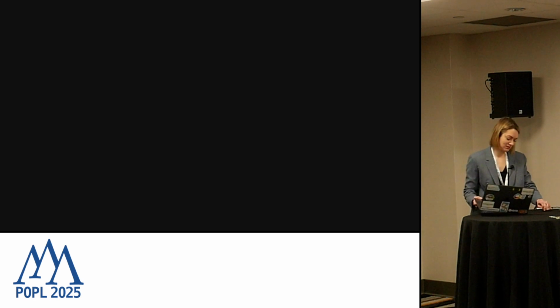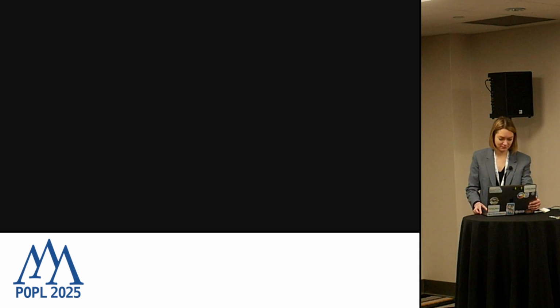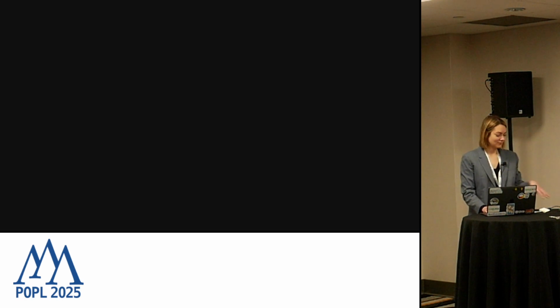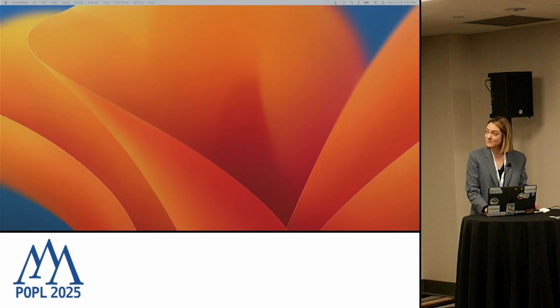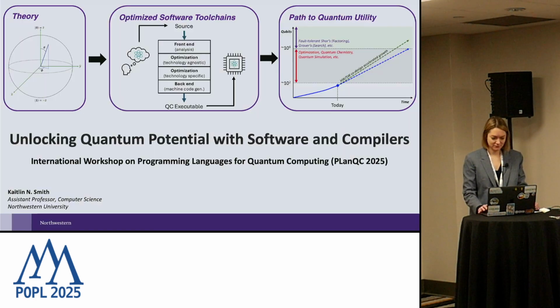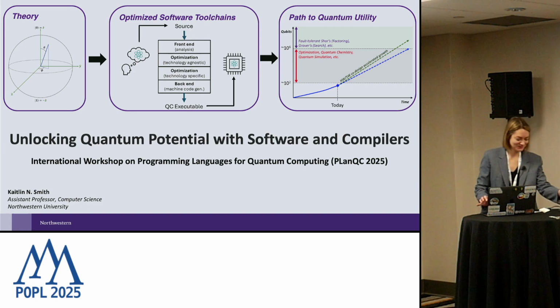Kate is a professor of computer science at Northwestern in the Chicago area, and she works on a really wide range of areas related to quantum computing, including system architecture, compiler and optimizations, error mitigation, distributed systems, and a bunch more. Kate also has experience in industry.